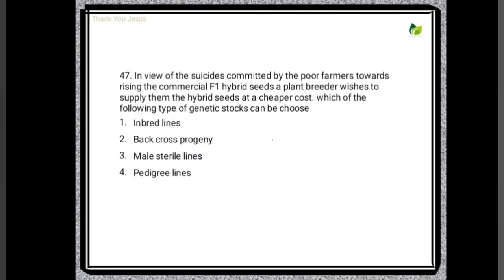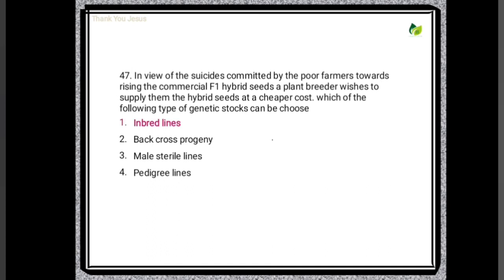Next question. In view of suicides committed by poor farmers towards raising the commercial F1 hybrid seeds, a plant breeder wishes to supply them the hybrid seeds at a cheaper cost. Which of the following types of genetic stocks can be chosen? The options are inbred lines, backcross progeny, male sterility lines, pedigree lines.